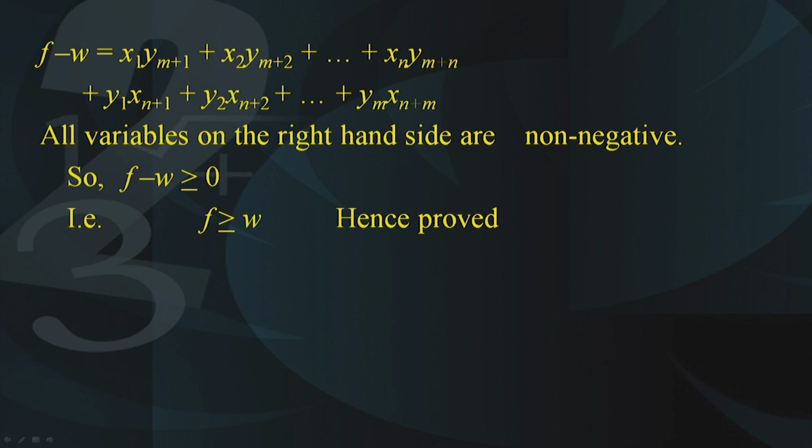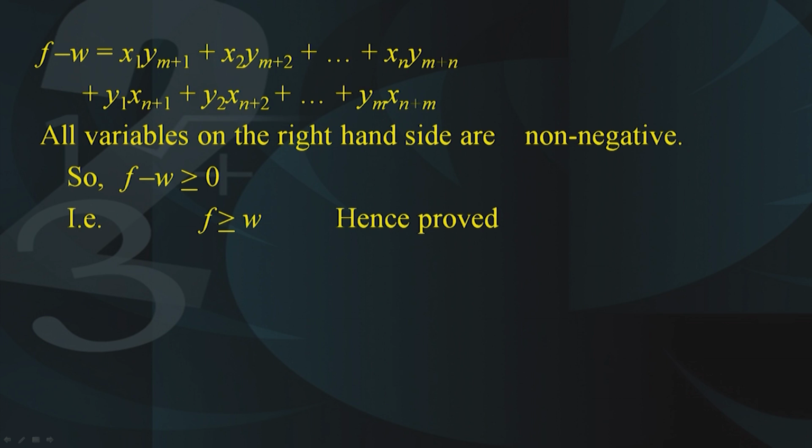We get f minus w is equal to x1 times y m plus 1, plus x2 times y m plus 2, and so on. Now, if you observe the right hand side of this equation, what do you find?